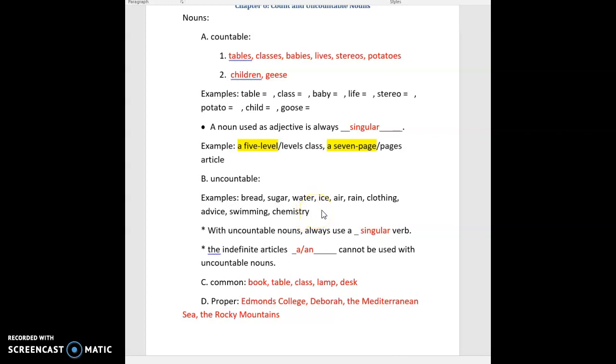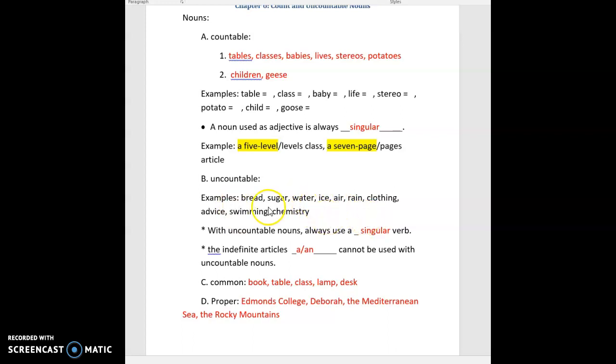These are things that can help you guess whether a noun is count or non-count. Bread, sugar, water, ice, air, rain, clothing, advice, swimming, and chemistry are all non-count, as are words like information and equipment.